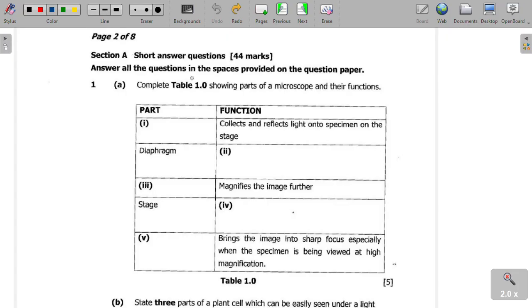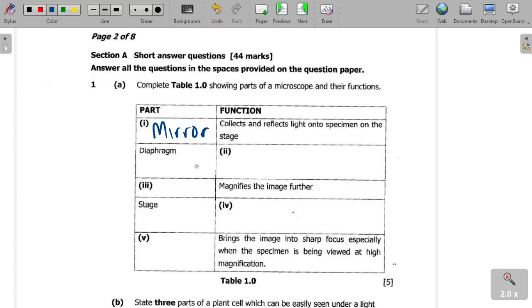The only thing that can reflect the light onto the specimen is the mirror. So here you write mirror. Mirror collects and reflects light onto the specimen on the stage.